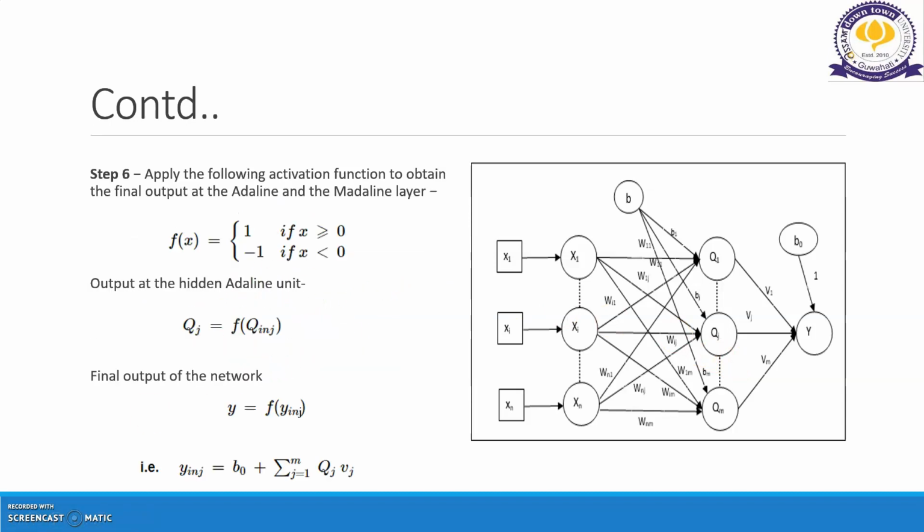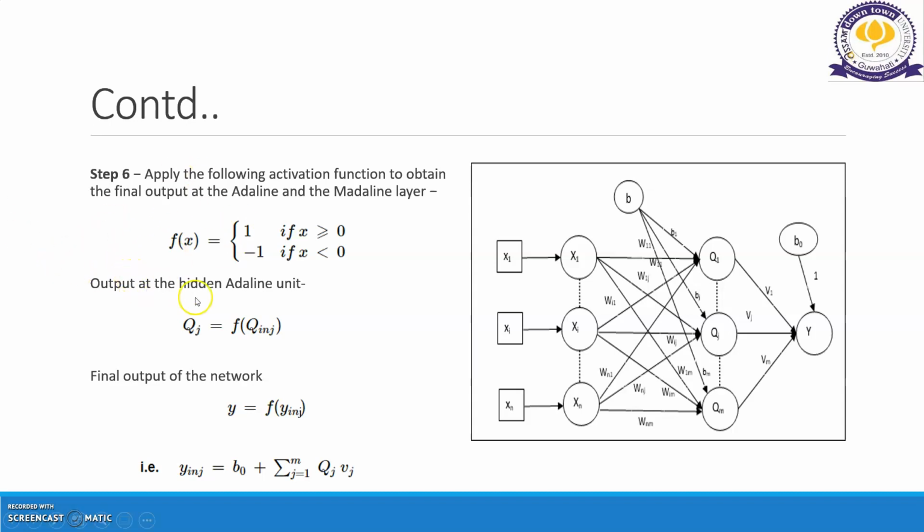Next, we apply an activation function to obtain the final output at the Adaline and the Madaline layer. And we already know that here a bipolar activation function is used. That means output can be either 1 or -1.